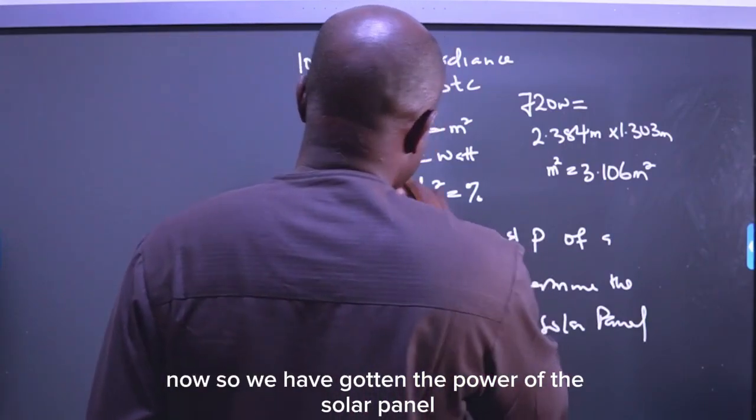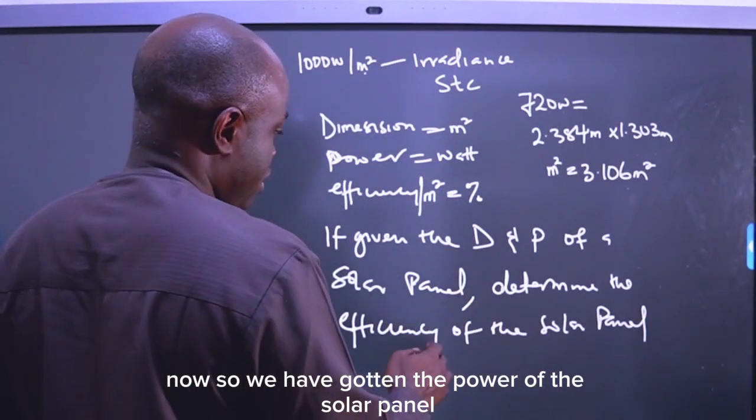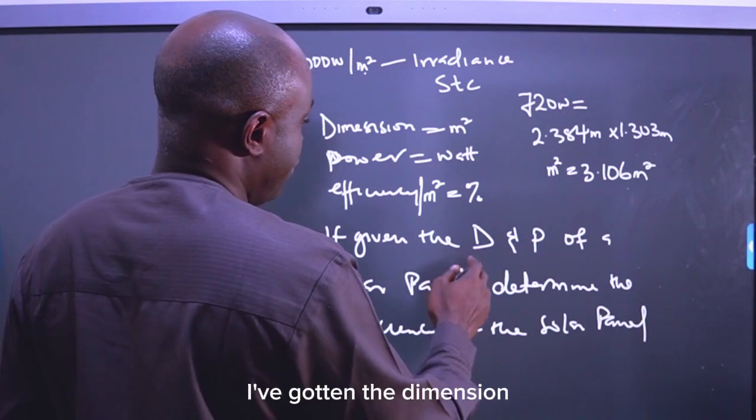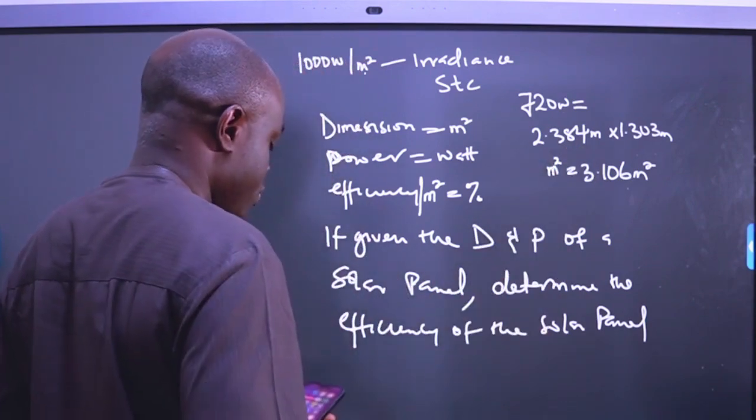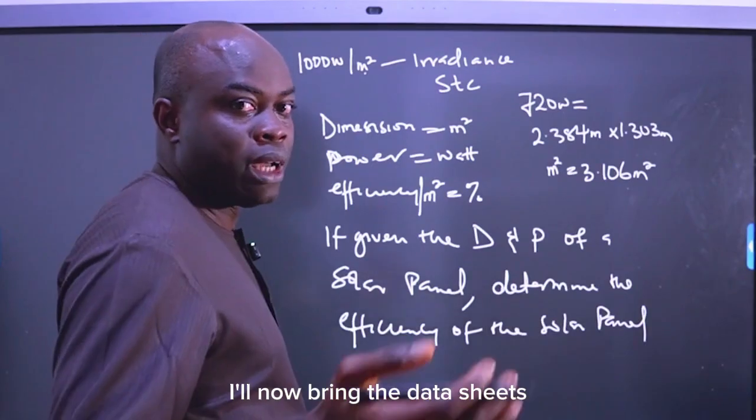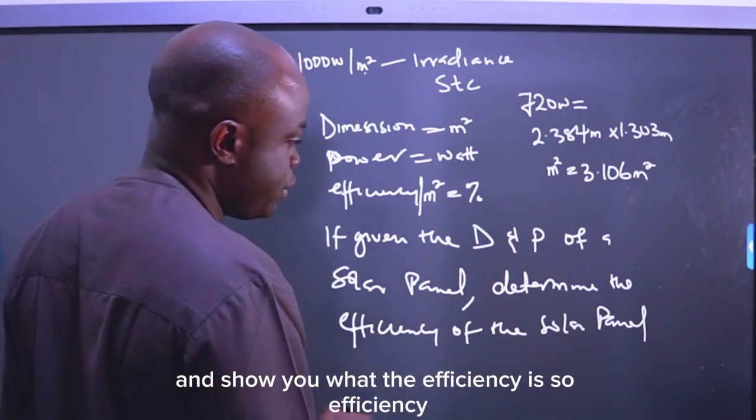So this is the square meter of our panel, the dimension, and this is per square meter. Now, we have gotten the power of the solar panel, and I've gotten the dimension. What is the efficiency? So let's prove it. When I prove the efficiency, I will now bring the data sheet and show you what the efficiency is.